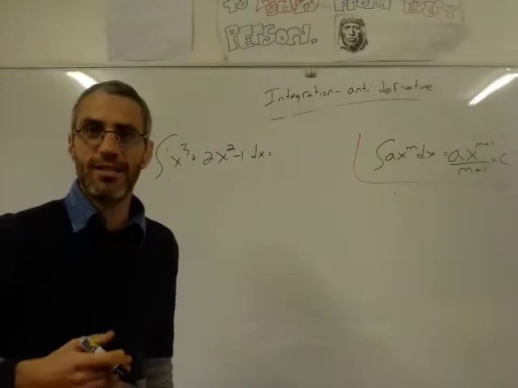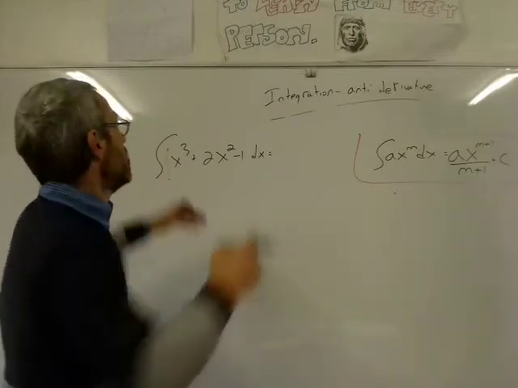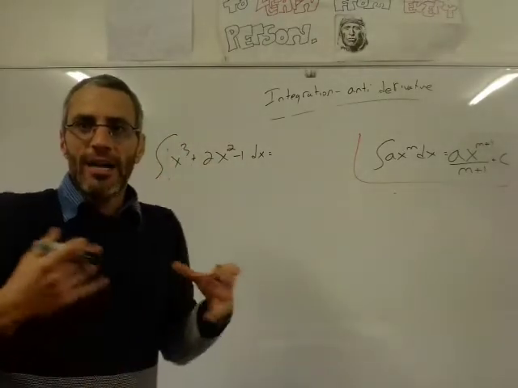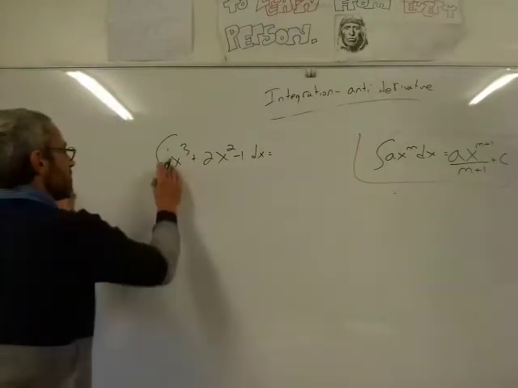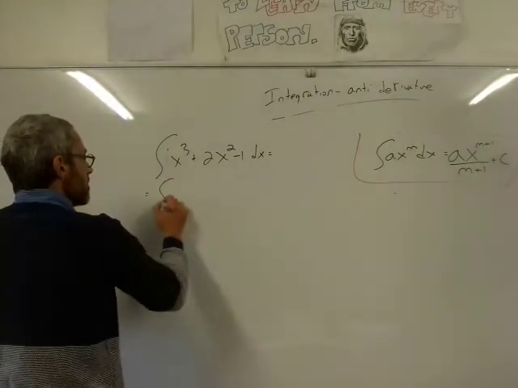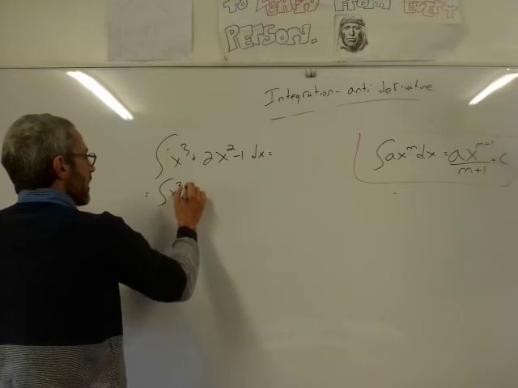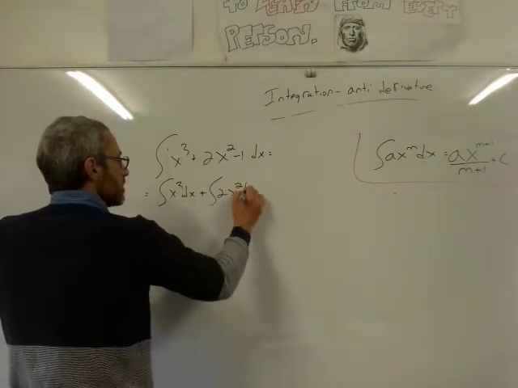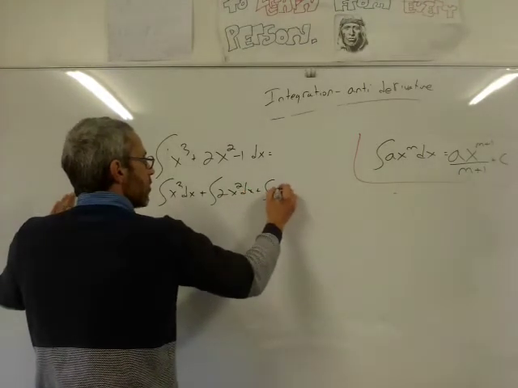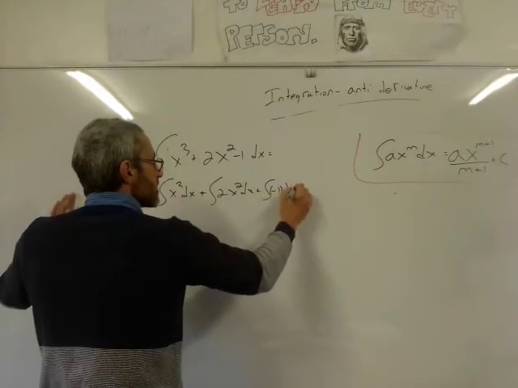So I need to do the antiderivative of all that function. I think you can have a good intuitive feel that this is going to simply be the integral of x cubed plus the integral of 2x squared plus the integral of minus 1 dx.